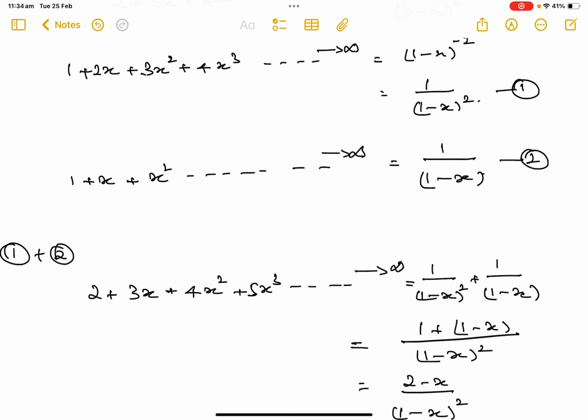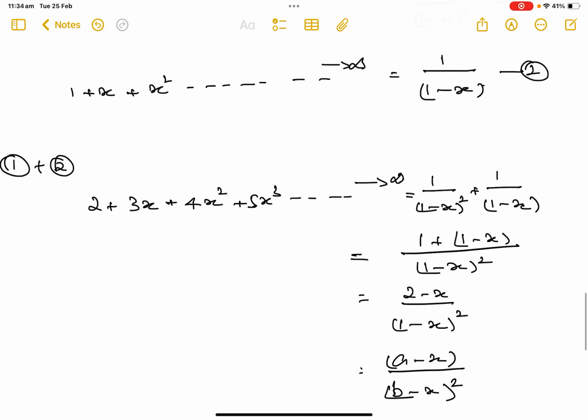That is the left-hand side, which we needed to find out. The right-hand side is simply 1 over 1 minus x squared plus 1 over 1 minus x. The LCM is 1 minus x squared. The first one is 1, and the second one is 1 minus x squared divided by 1 minus x, which is 1 minus x.